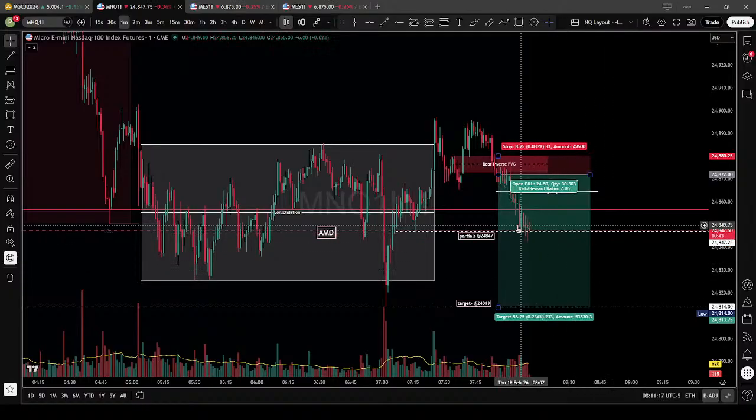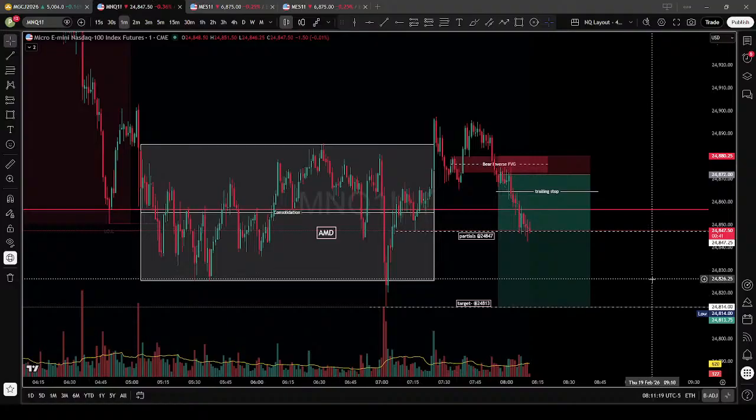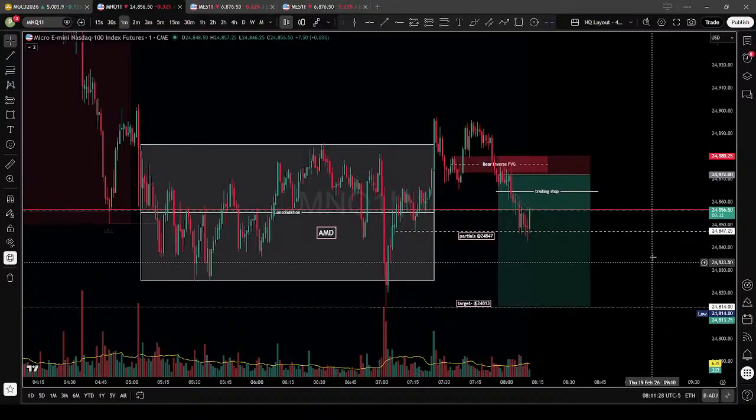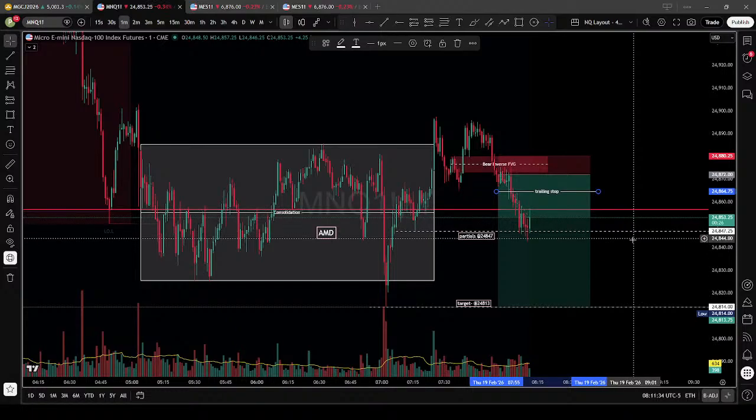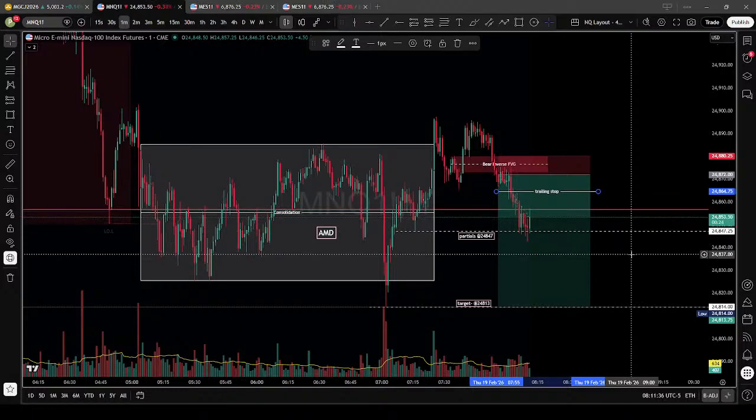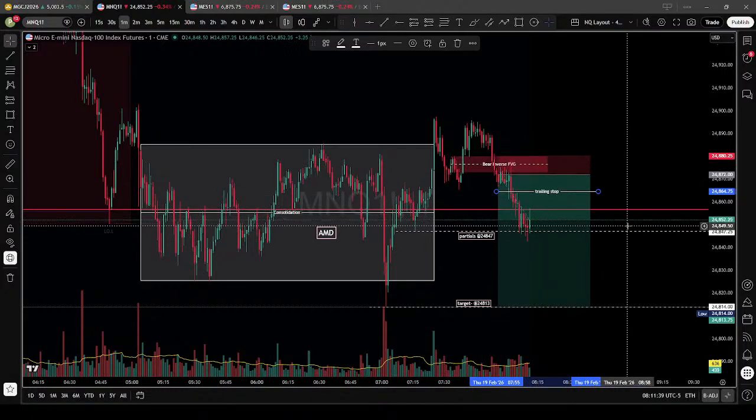I see a lot of wicks from the upper side as well as from the lower side. Our trailing stop is at 24,864.75. We do not want to close this position in loss. Our break even.